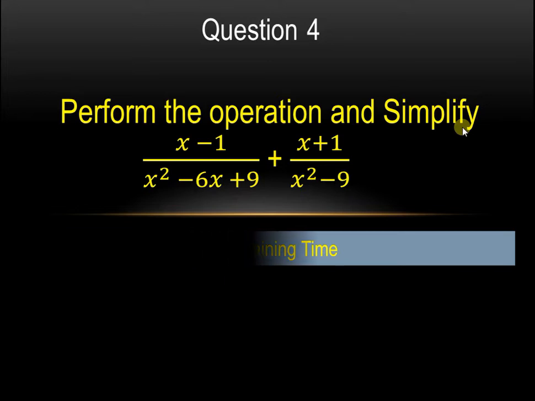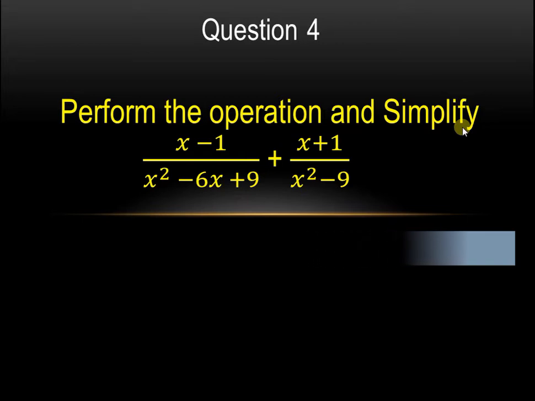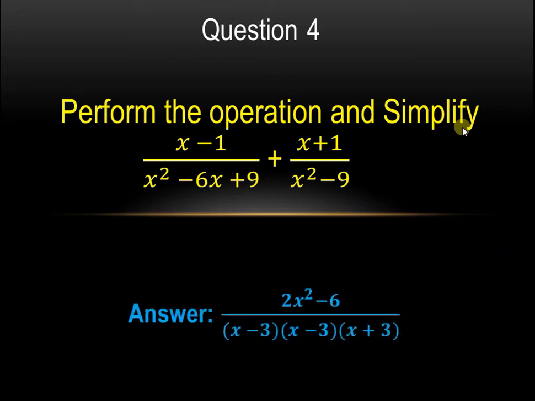Pause the video if you need more time. And the time is up. Our final answer is 2x squared minus 6 all over the quantity of x minus 3 times the quantity of x minus 3 times the quantity of x plus 4.